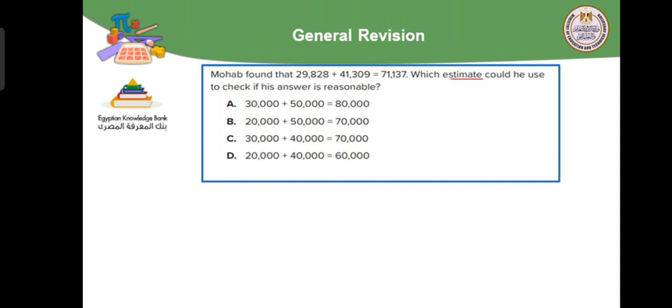So 29,000 will be, excellent, 30,000. 41, and 309 will be, excellent, 40,000. So the correct answer that will be reasonable is number C. 30 plus 40 will be 70,000 if we make an estimate. Then this is wrong. I'm so sorry.